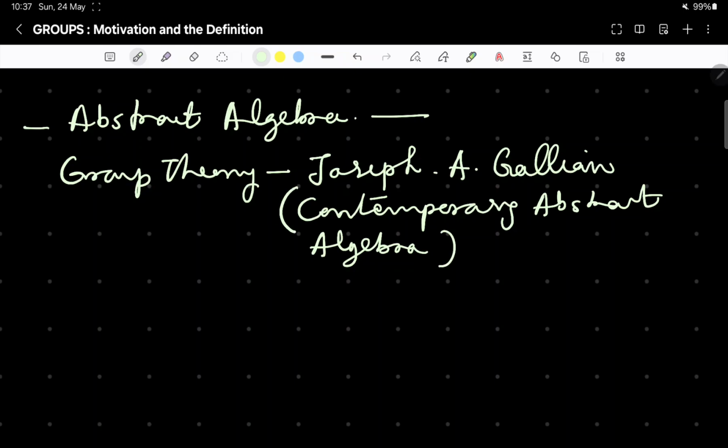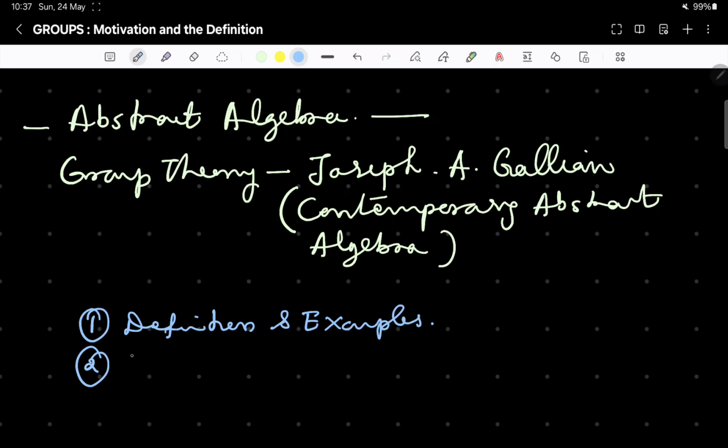Okay, so I just outlined what we are going to study in this module. We will study the definition and some examples. Then we move to a particular example called Klein 4 group.